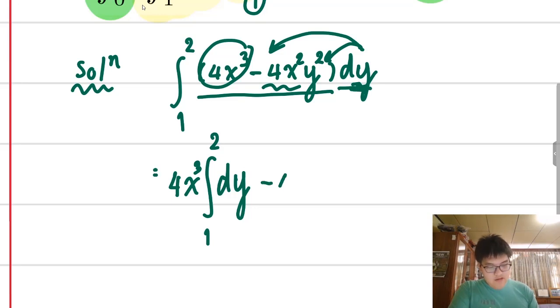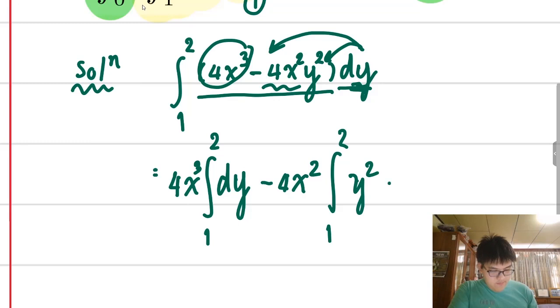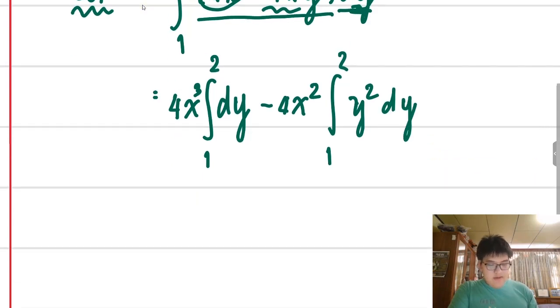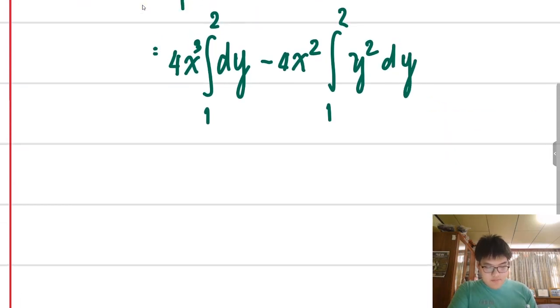Then we move out just 4x squared, then the integral of y squared dy. And then how to do next? This one is a constant, you can write it here. You see that the integral and the derivative of dy cancel out, and it leaves only y.